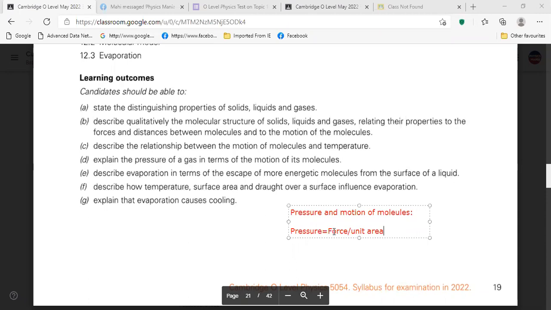So the same thing the molecules are doing when they are colliding with the wall of the container where they are staying. If the force is more, then the pressure is more. From this formula, we understand. Okay. So this is about the motion of molecules.